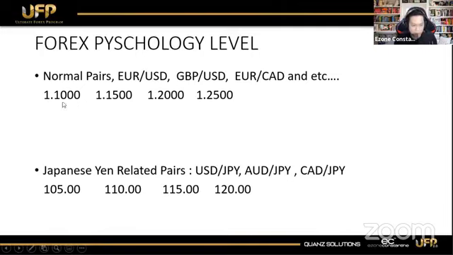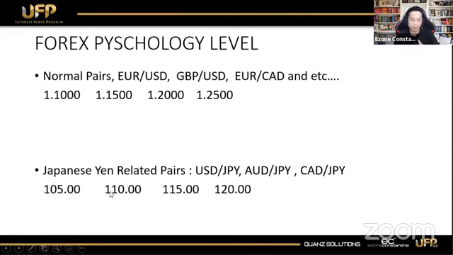Tapi yang paling penting ialah kita tengok 4 titik perpuluhan yang pertama ni. Okay, tapi untuk pasangan yang berkaitan dengan Japanese yen, biasanya sebut harga tu tak sama. Sebut harga tu sentiasa dalam 2 titik perpuluhan.